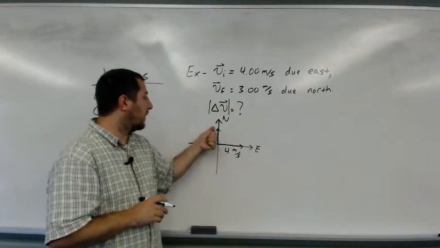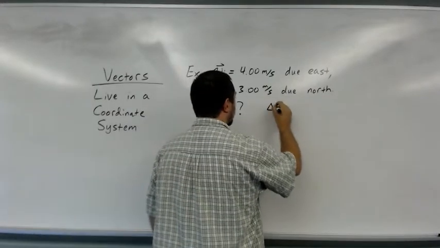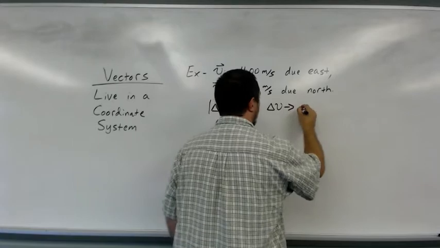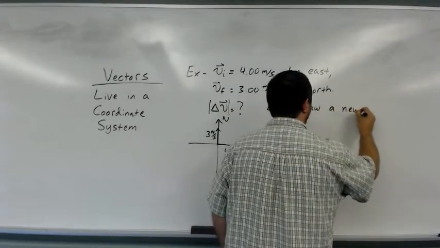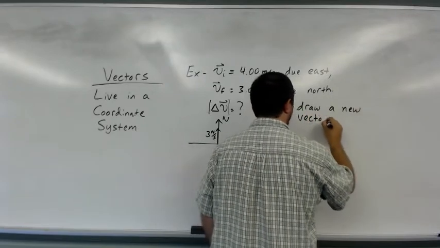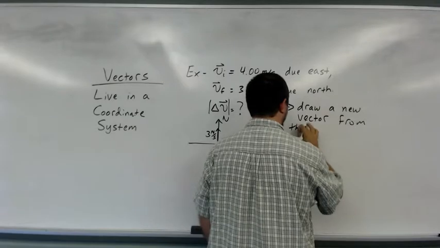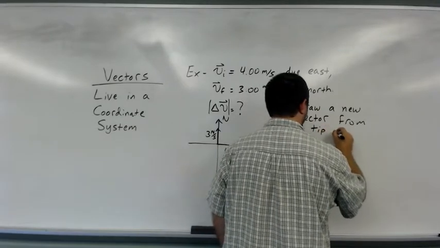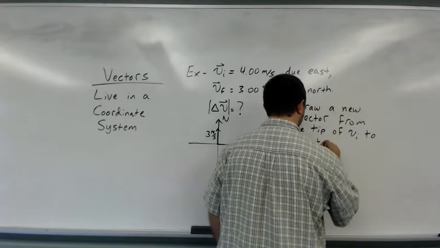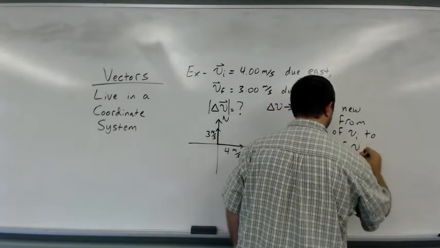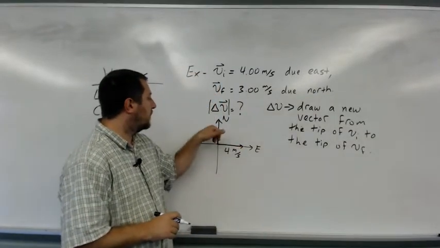So delta V, we draw a new vector from the tip of VI to the tip of VF.